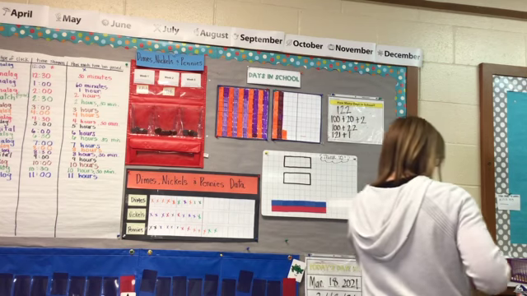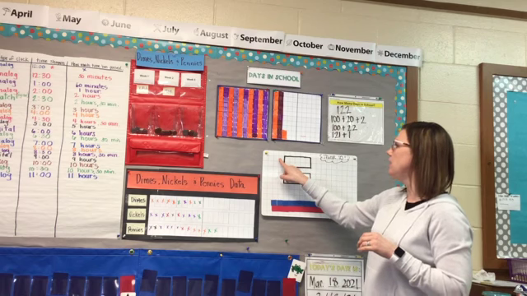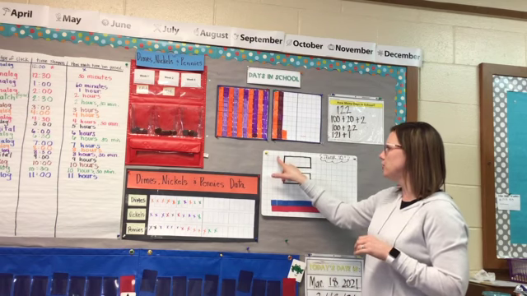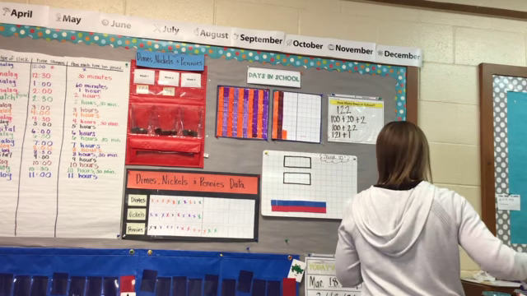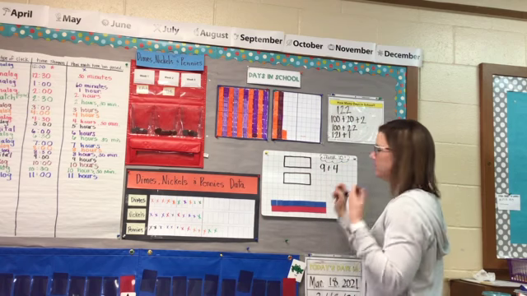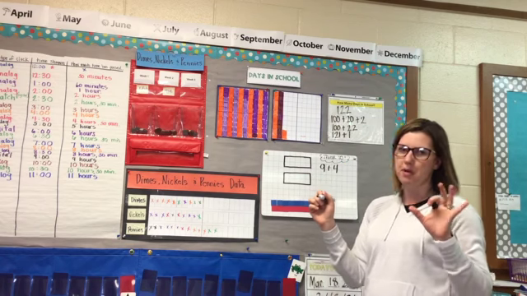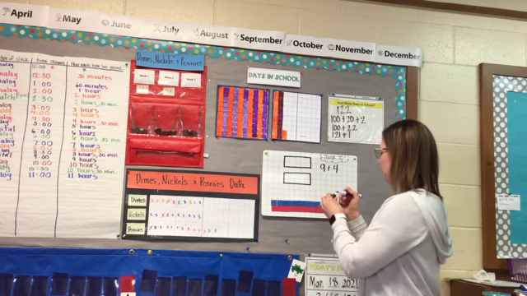So what I'm going to do is fill up my first 10 frame. Actually, let me write down what we had. We had a 9 and we had a 4. And it doesn't matter which order. Remember the commutative property, those numbers flip back and forth.